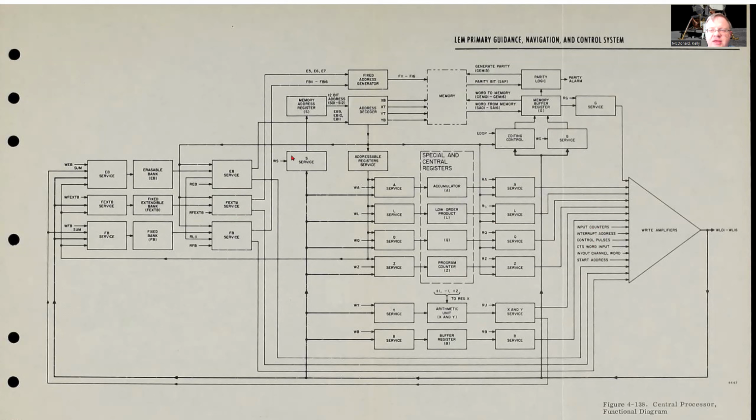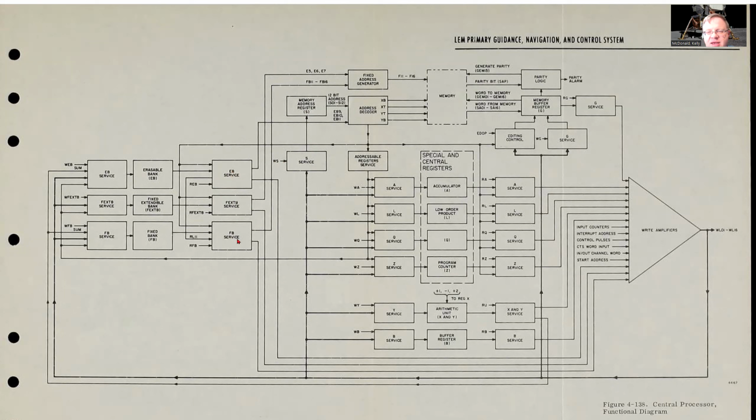Here we have the S register, which is the memory address register, and then the service that's associated with writing data into that register. And then associated with that are those different banks I talked about. In order to access memory, they have an erasable bank service.